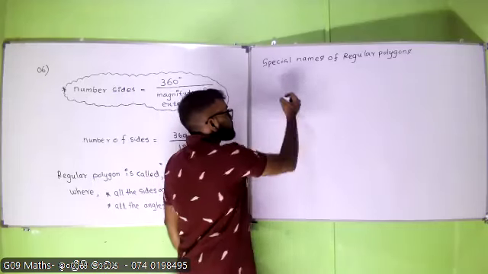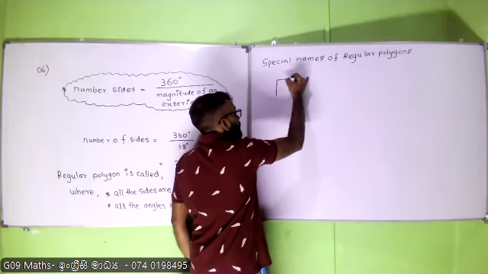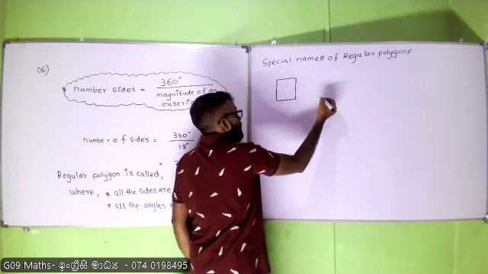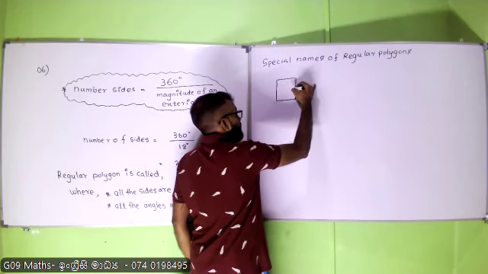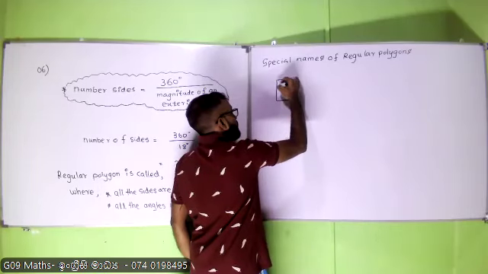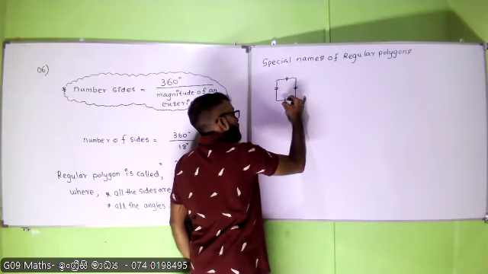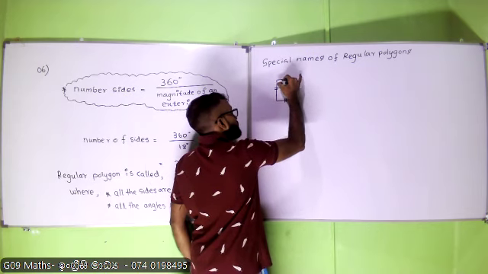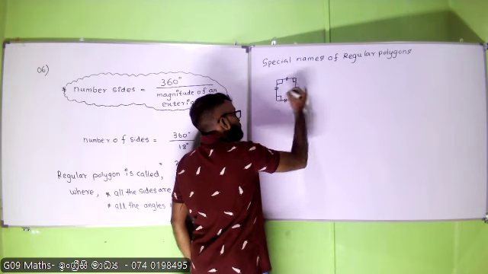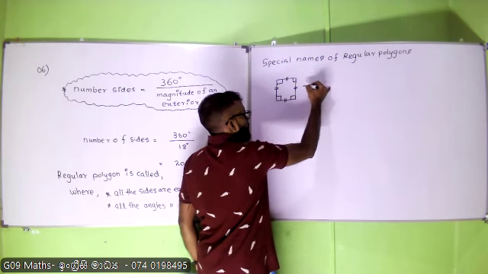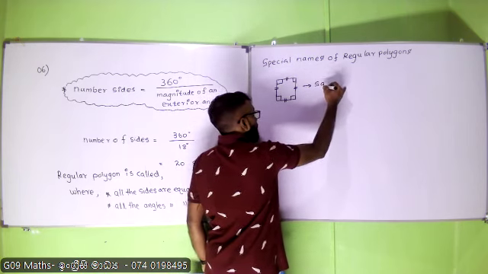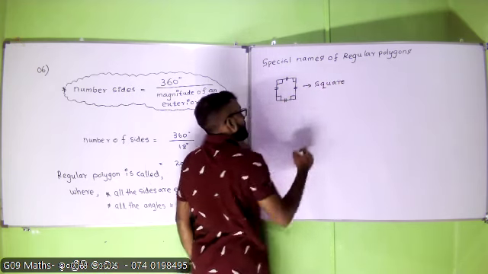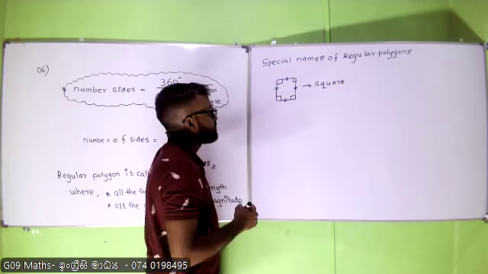Square. So draw a square. You have to mention that all of the sides of a square are equal like this, and all angles are right angles. So this is called a square, where all the angles and all sides are equal.